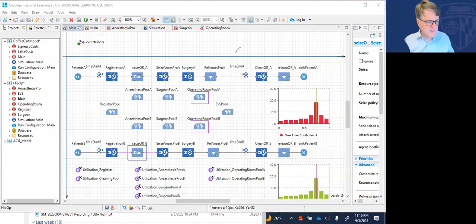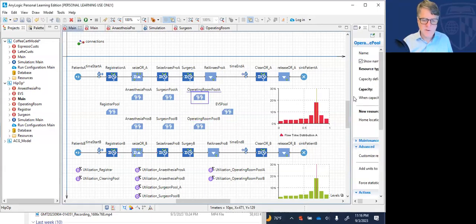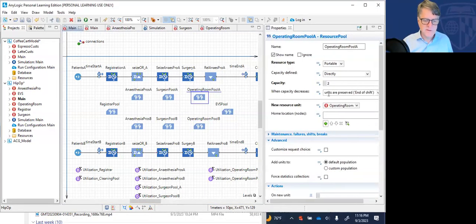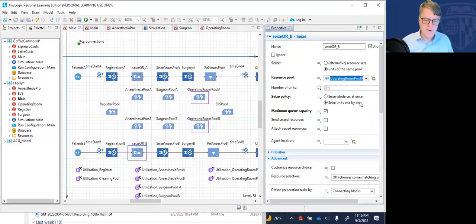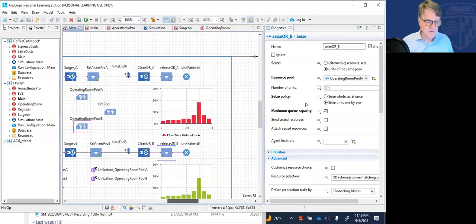Okay, to implement this, we can do it fairly simply. What I'm going to do is go in here and make this 4. And so the pool is going to be essentially this operating room pool A. We're going to ignore operating room pool B. And when we grab an OR for the old track B, we're going to grab it from A, not B. And we also need to release it back to A when we release the OR here.